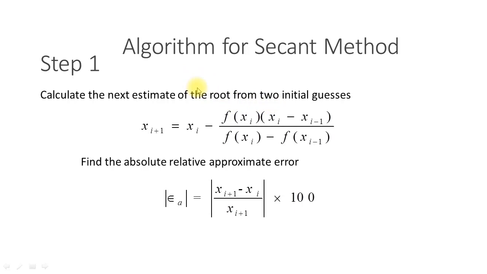For the secant method, we choose two initial roots, x0 and x minus 1, and then put their values in the secant formula, xi plus 1 is equal to xi minus f of xi into xi minus xi minus 1 divided by f of xi minus f of xi minus 1, and find the absolute relative approximate error by this formula: absolute epsilon alpha is equal to absolute xi plus 1 minus xi divided by xi plus 1 multiplied by 100.